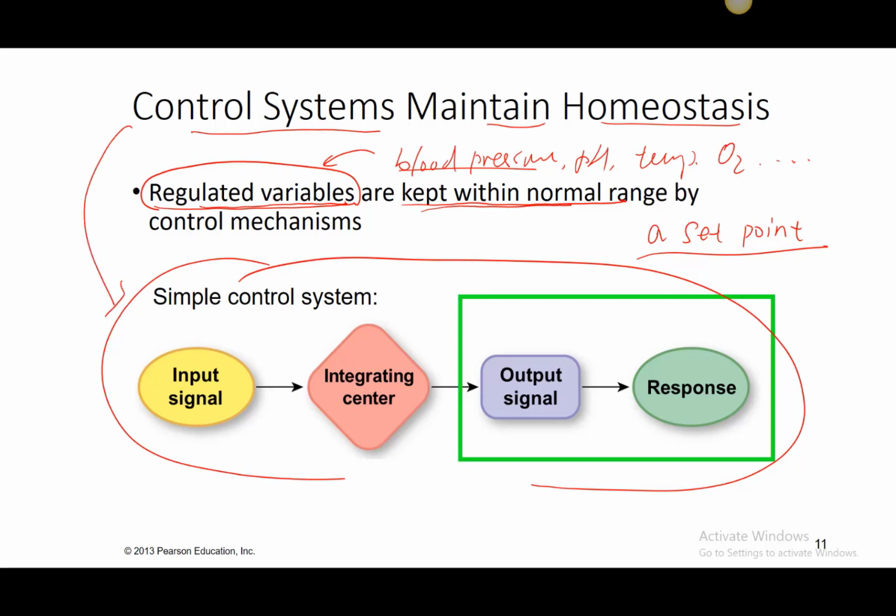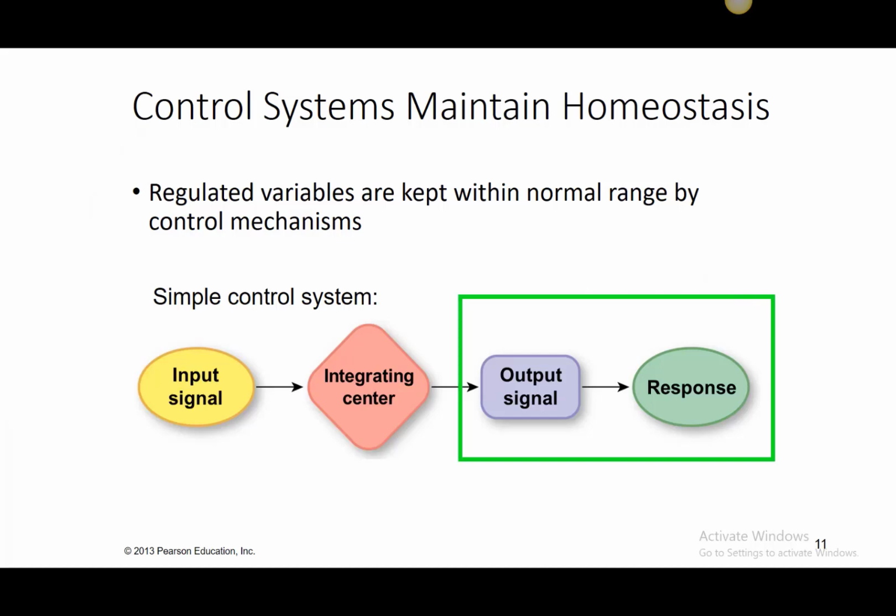What is the controlling system? The controlling system has two patterns. In the human body we have local control, which is normally a simple control system. We also have long-distance reflex control.